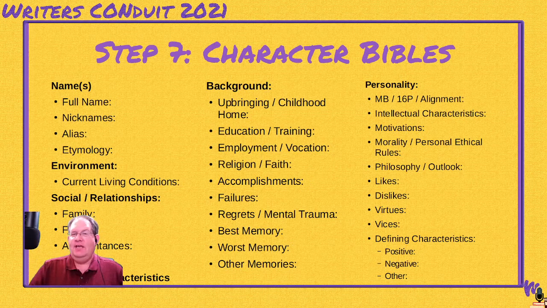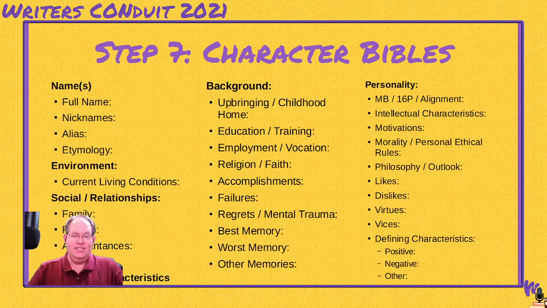This is everything that I write about main characters. Now, your cobbler or your merchant on the side of the road that you only see mentioned once, you do not fill out this whole thing. You may only use one name for this person.